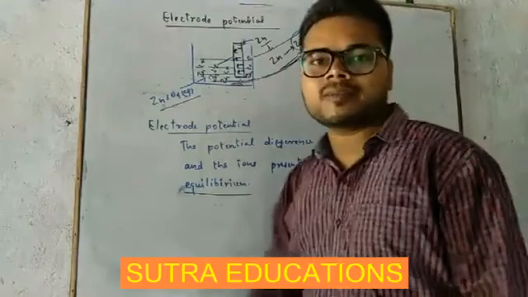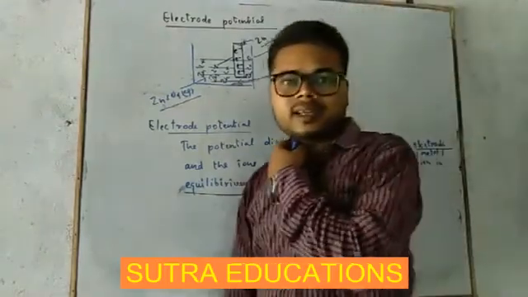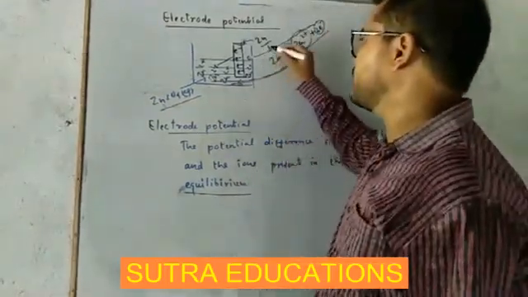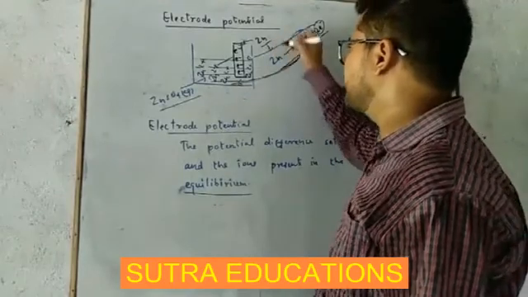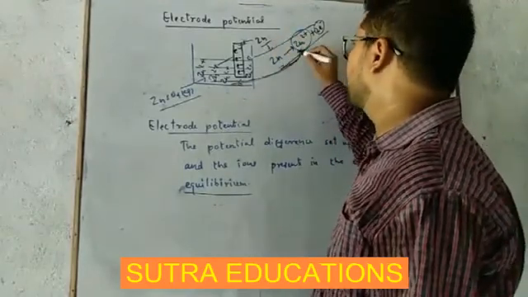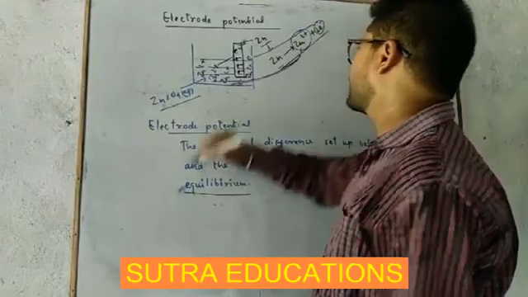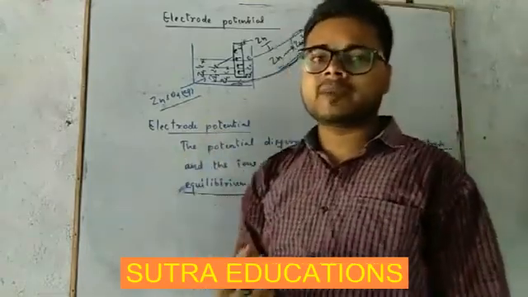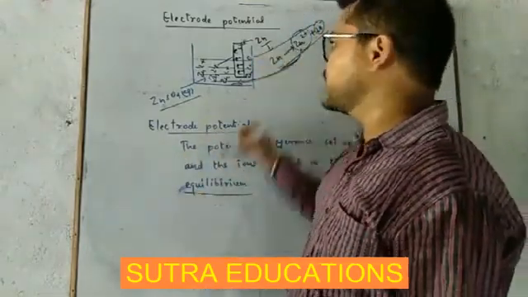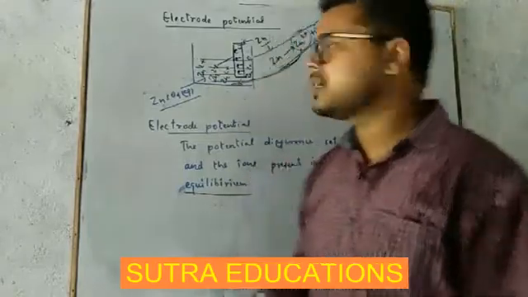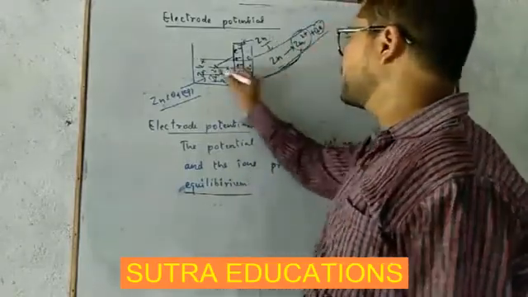In equilibrium means initially Zn is breaking into Zn2+ plus 2 electrons. Gradually there will be more electrons accumulated on the metallic conductor and more Zn2+ going into the solution.